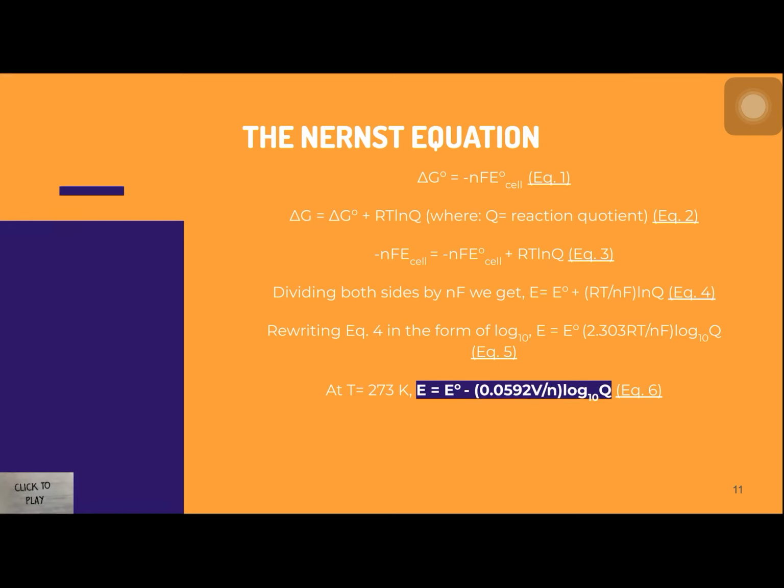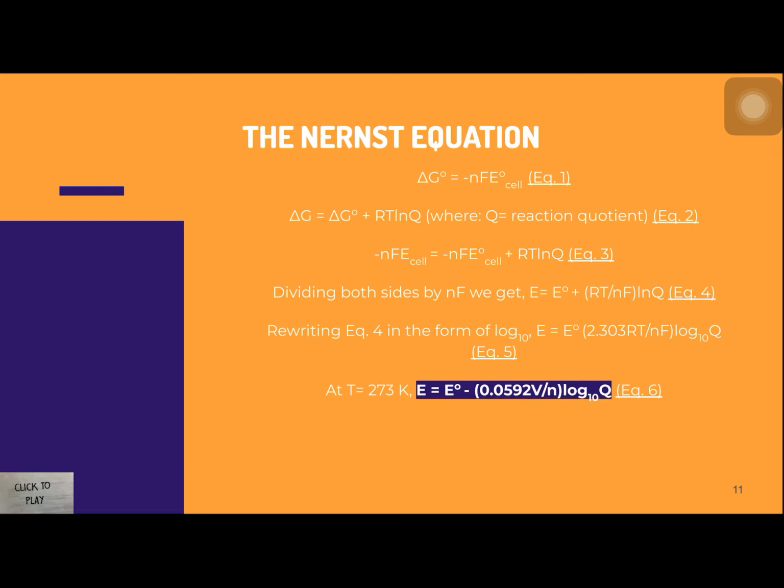Gibbs free energy is also related to E under general conditions, standard or not, as shown in equation 1. Hence, when E is positive, the reaction is spontaneous, and when E is negative, the reaction is non-spontaneous. From thermodynamics, the Gibbs free energy change under non-standard conditions can be related to the Gibbs energy change under standard conditions via equation 2.